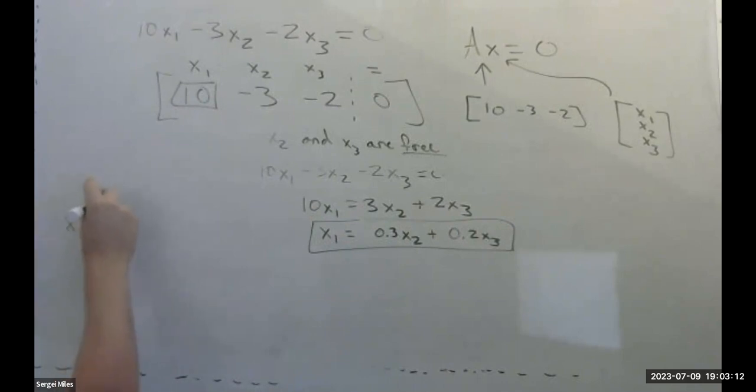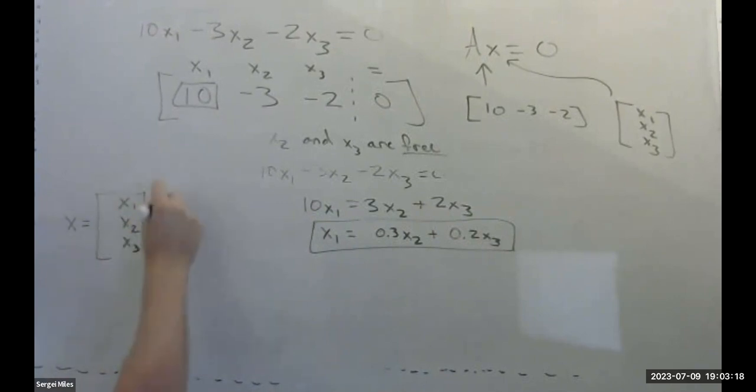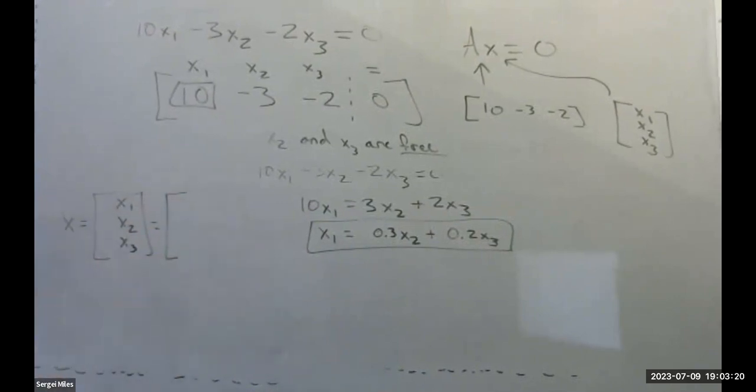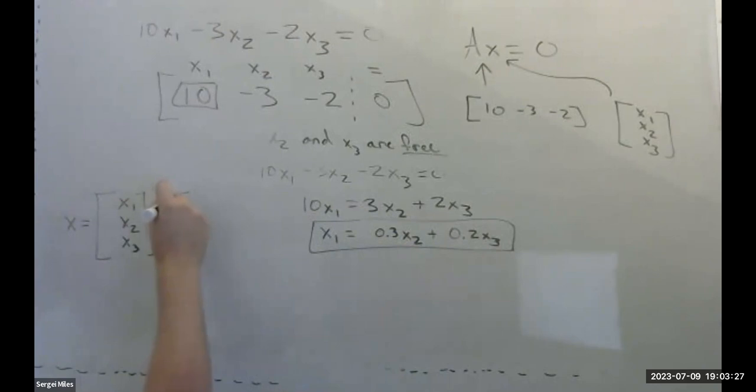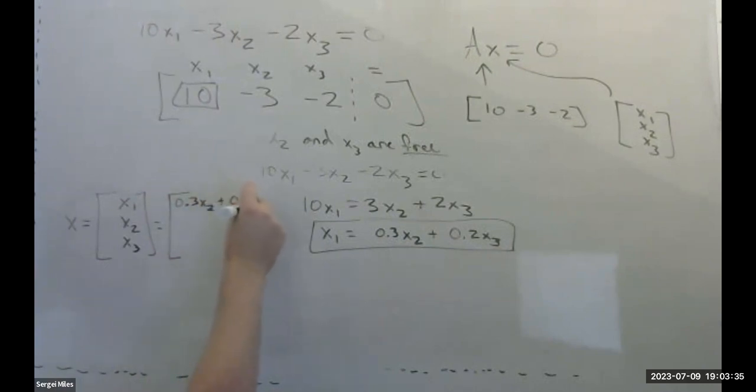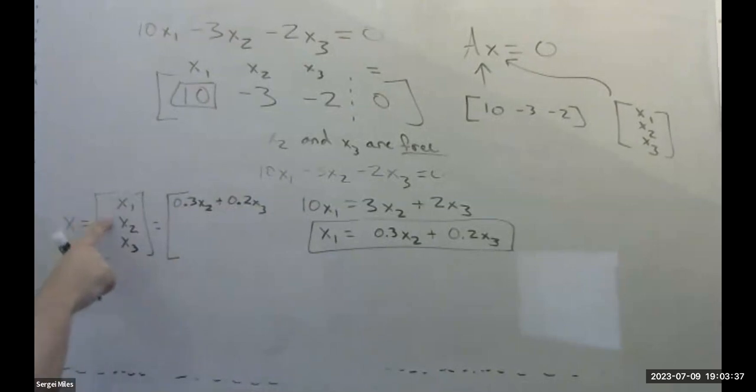Well, X is still a column vector. X1, which is a pivot, depends on what I pick X2 and X3 to be. In fact, X1 is going to be this equation. So in general, what I recommend to students when you're trying to write answers in parametric vector form is to start by just writing a column vector with all of your variables.